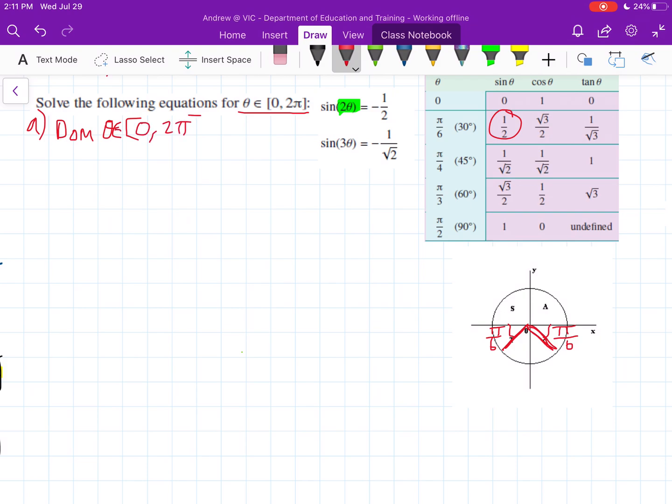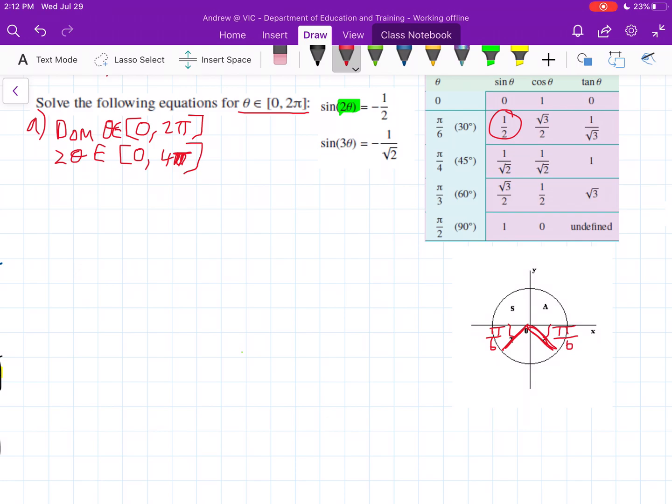But in our question here, we've got 2 theta. So that means 2 theta is going to be an element, and we just need to double it because it's 2, from 0 to 4 pi. So that's the domain that we're going to be looking at.